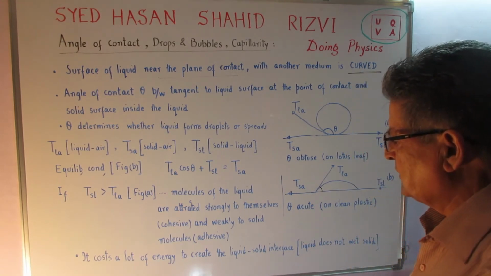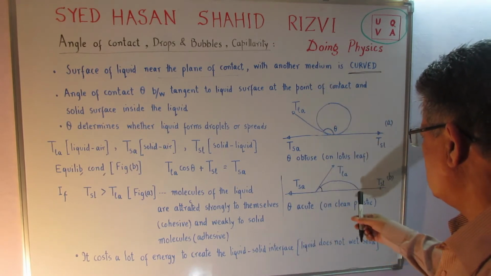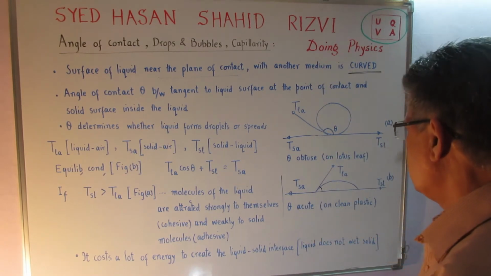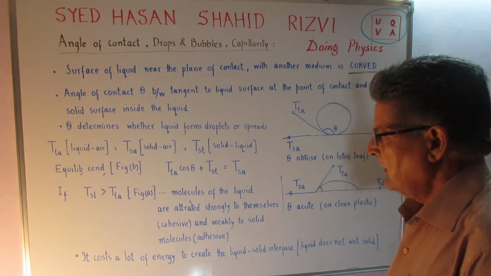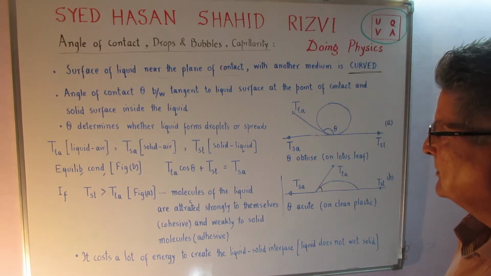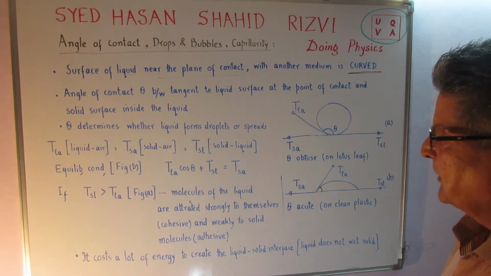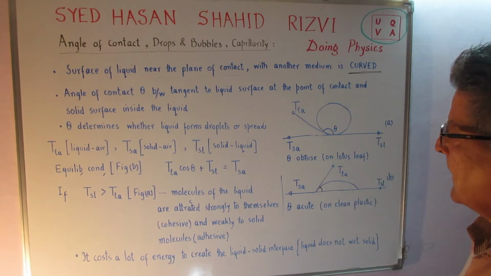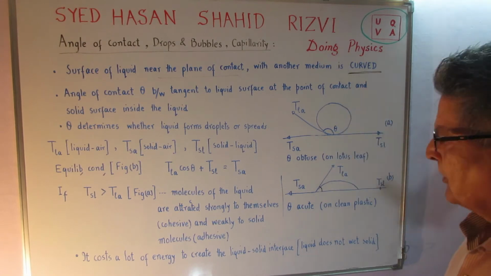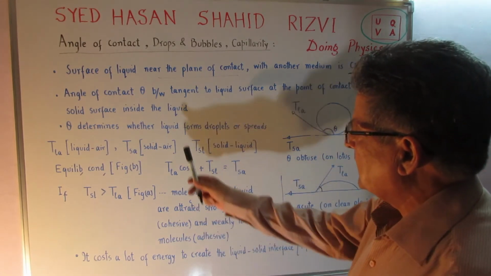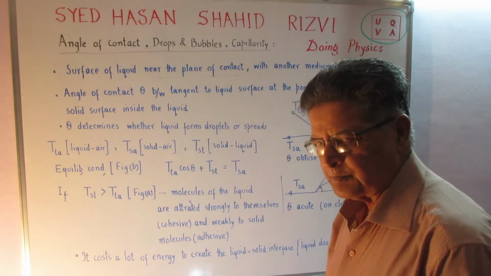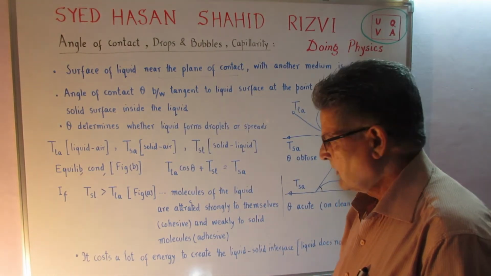In many situations, if the liquid is kerosene, then it spreads. Water, having a different surface tension than the other liquids which make formations like this, forms droplets. So theta determines whether the liquid forms droplets or spreads.